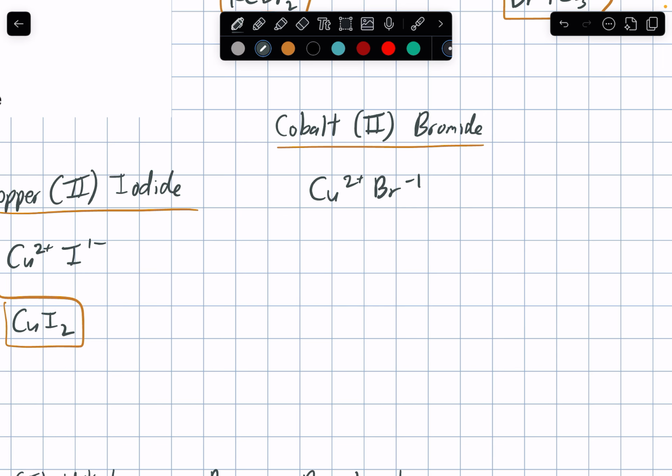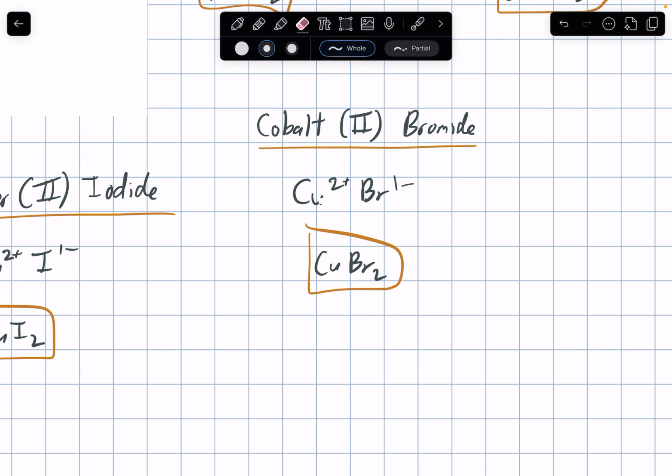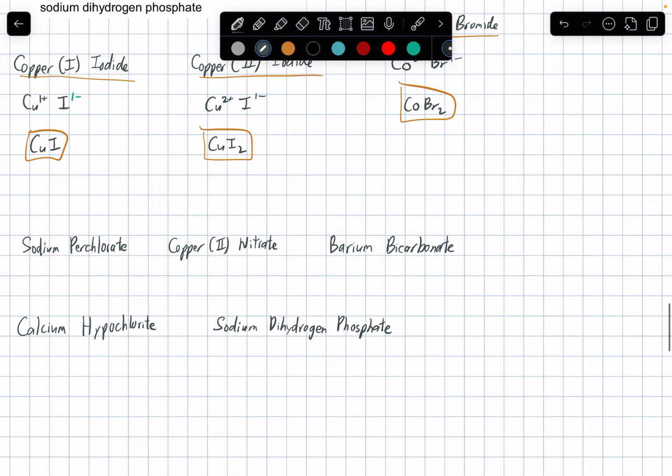Bromide is -1. So CuBr2, that's the answer. Cobalt(II) bromide. Sorry, cobalt is, by the way, Co, not Cu. Cu is copper. My bad.